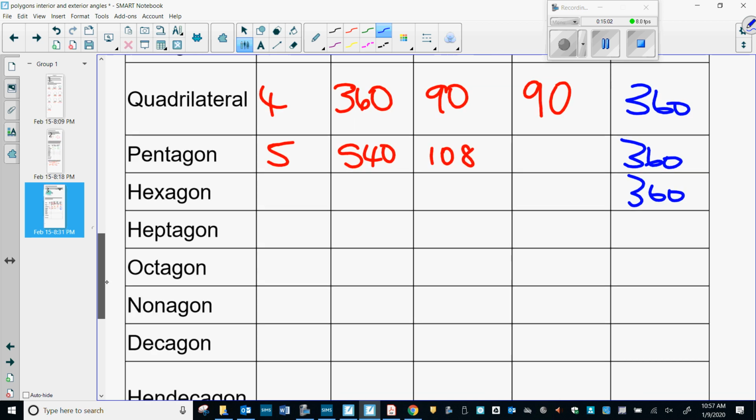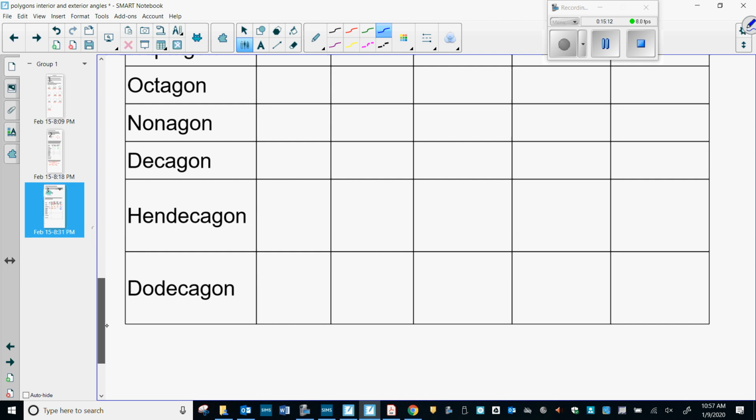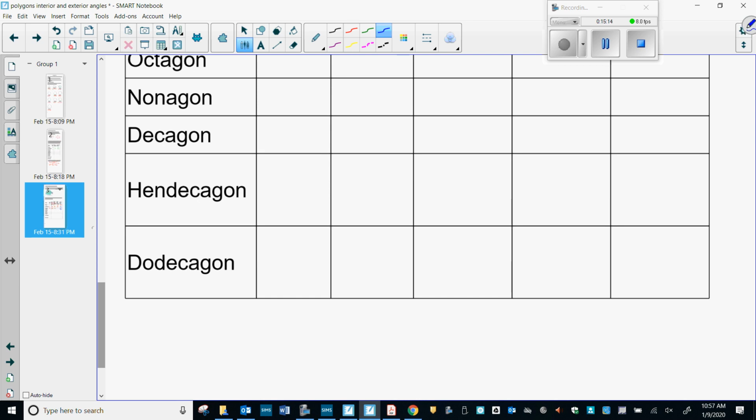But if you know the exterior angles, you know that sum is always going to be 360. So it's way easier to focus on the exterior angles of a polygon and then use that information to find the interior ones.